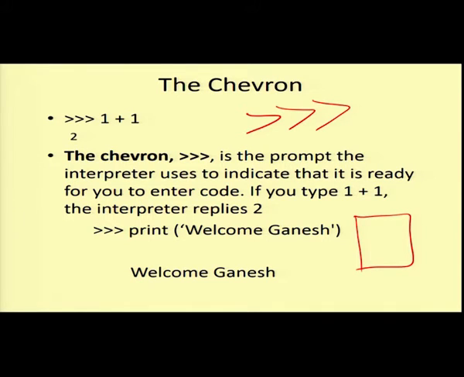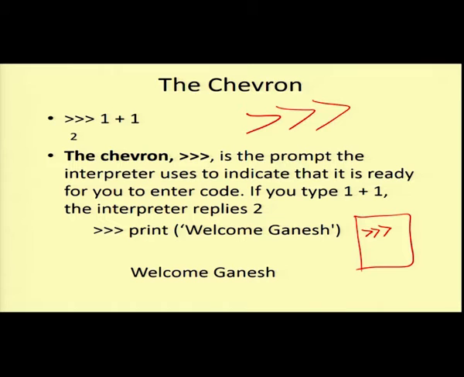That is the place where you work with the Python code, and that mode is called the interactive mode. When you work in that interactive mode, the command prompt is given with 3 greater than symbols, which is called a chevron.